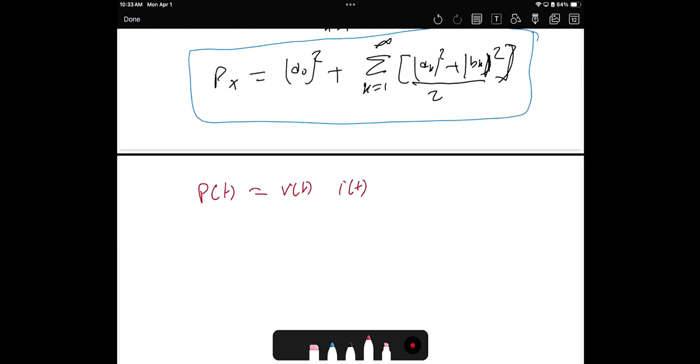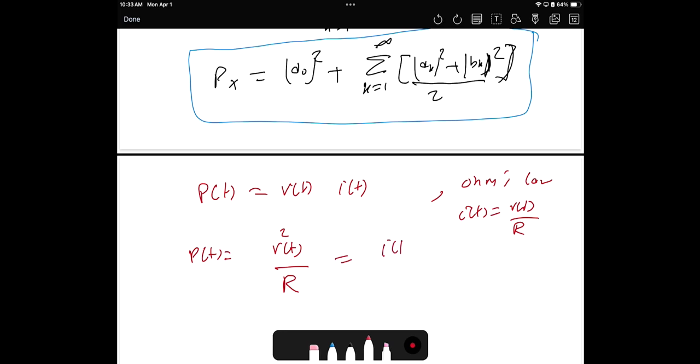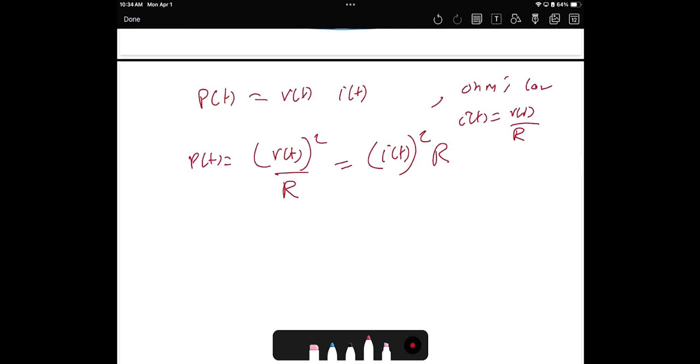Then we can apply Ohm's law for a resistor such that I of t will be V of t over R. So we can say P of t equals V of t squared divided by R. Or it can be I of t all squared times R. That was the real power.